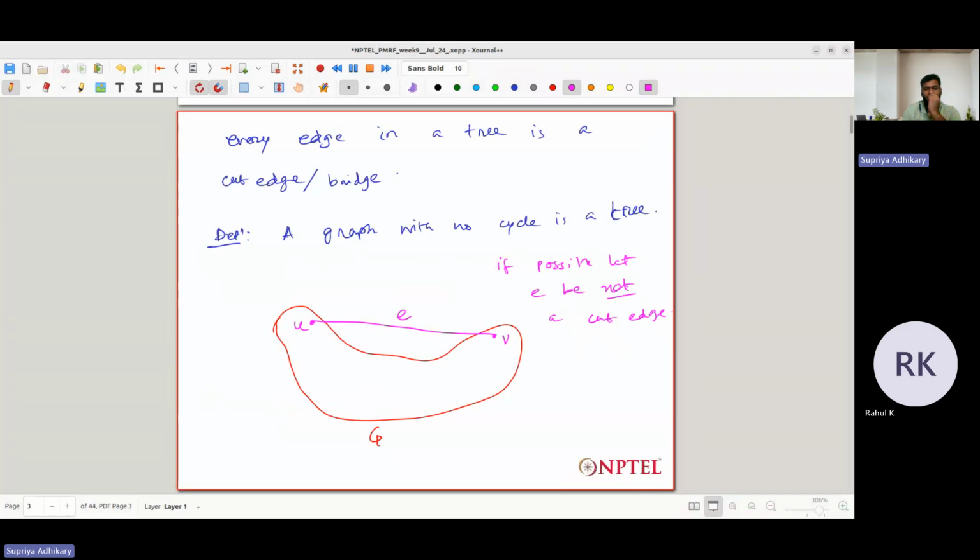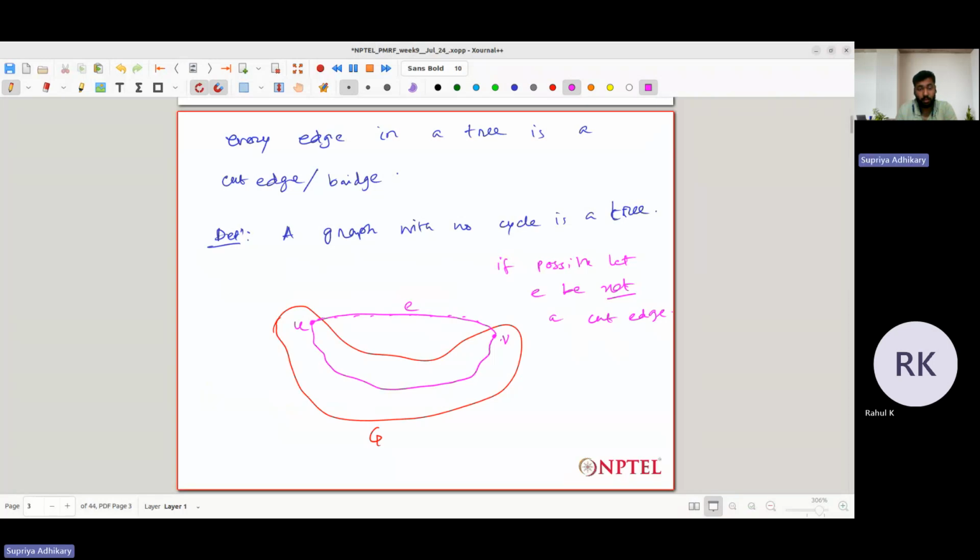Then if we delete this E, the rest of the graph will still be connected. So that means there must exist a path from U to V in this graph that does not involve this edge E. Now, if we include this edge E again, this path along with the edge E will create a cycle.